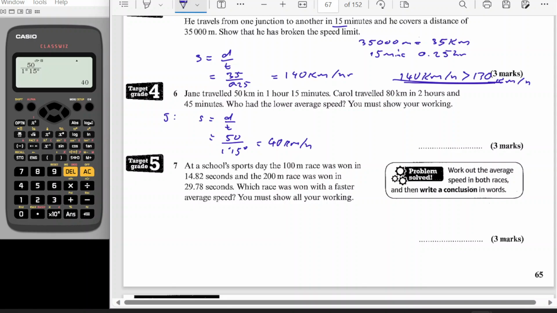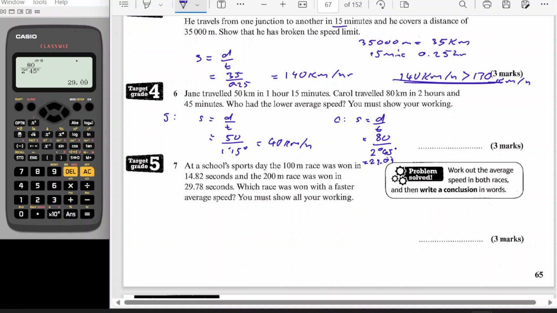Right. So Carol's speed is equal to distance divided by time again, and her distance is 80 kilometers and her time is 2 hours and 45 minutes. We could do this with a little bit of reasoning actually, which I'll briefly discuss afterwards. Their speed is 29.09.